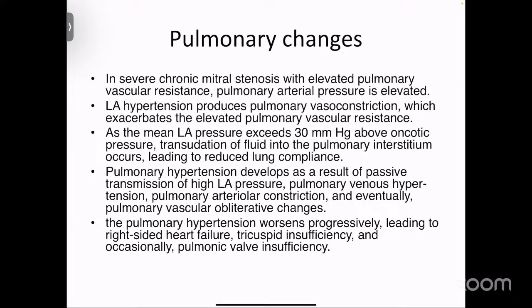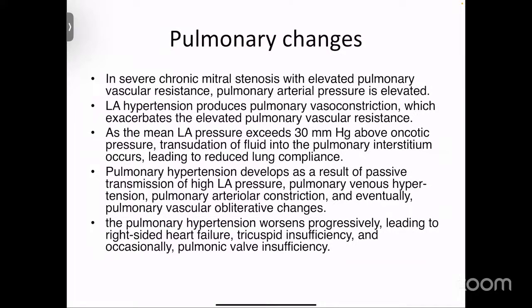and this can approach the systemic pressure with exercise. And a pulmonary arterial systolic pressure greater than 60 millimeters of mercury can significantly increase the impedance of right ventricular emptying, and produces a high right ventricular end-diastolic and right atrial pressure.